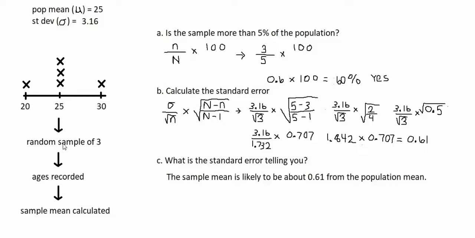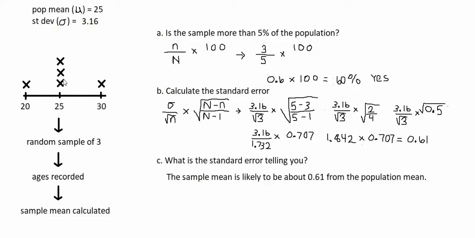But if the sample ends up including 2 25s and 1 30, then the sample mean will come out to, well, 25 plus 25 is 50. 50 plus 30 is 80. 80 divided by 3 would be, I'm thinking 26.7, but I'd have to check that with a calculator. But I think that's what the sample mean would be with 2 25s and a 30. You can check me on that if you like.